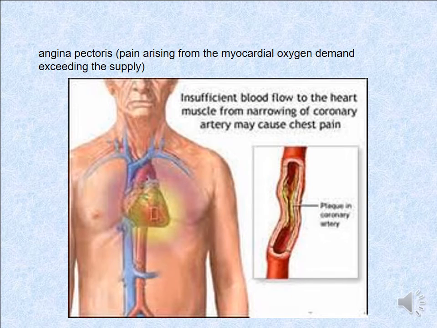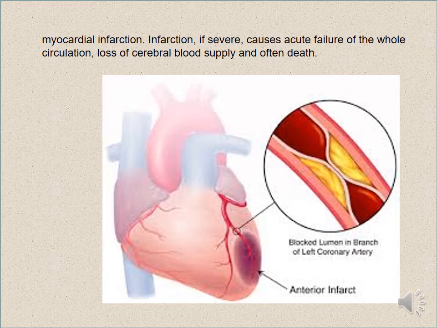We have two types of ischemic heart disease. The first one called angina pectoris, pain arises from myocardial oxygen demand exceeding the supply. Insufficient blood flow to the heart muscle from narrowing of coronary artery may cause chest pain that have called angina pectoris.